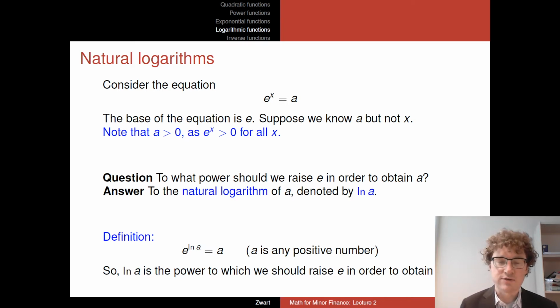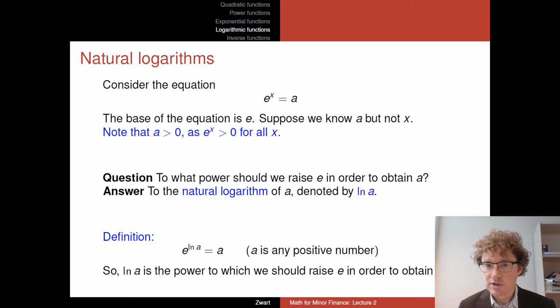So the base of the left-hand side is this constant 2.7, etc. So this is just the natural exponential function. Suppose now we know what a is, so we know the value of the right-hand side, this constant, but we do not know what x is, and of course we want to solve for x.